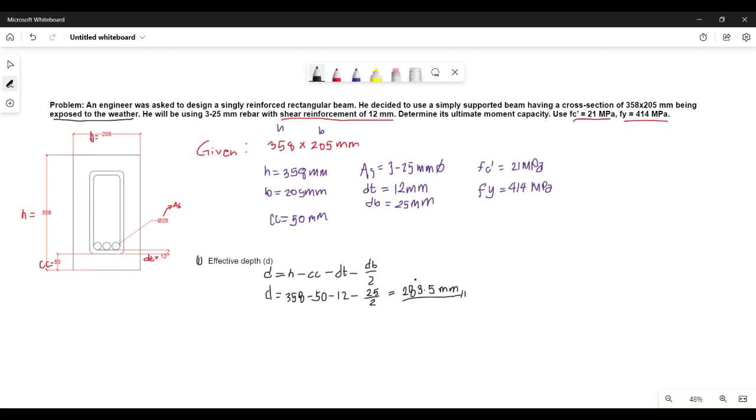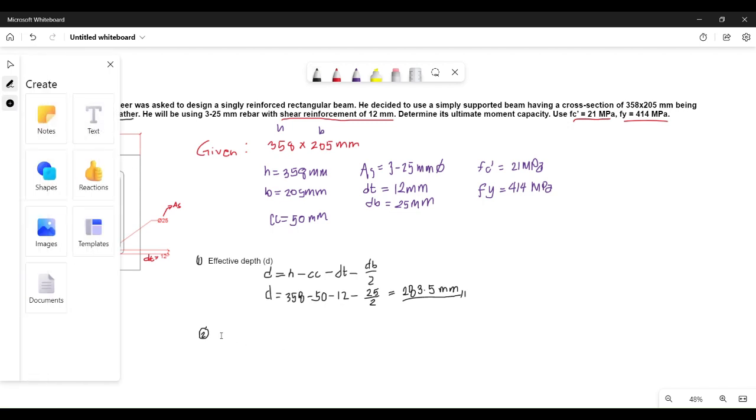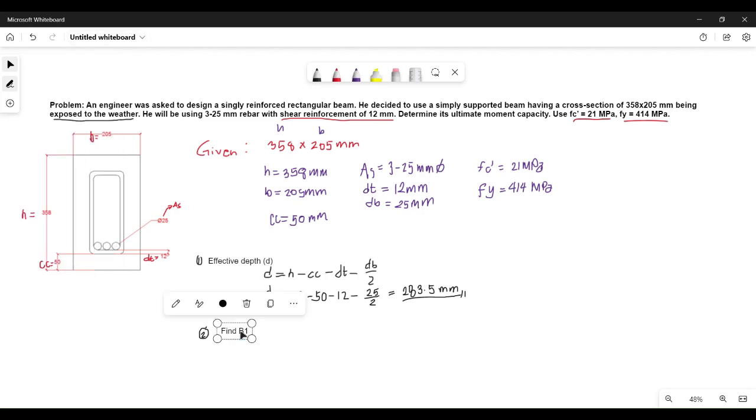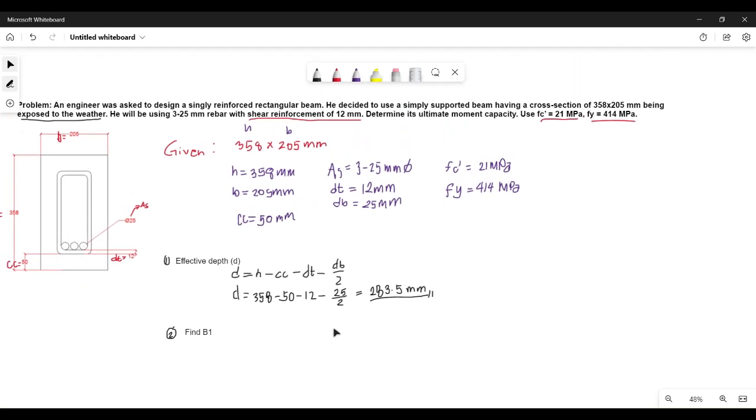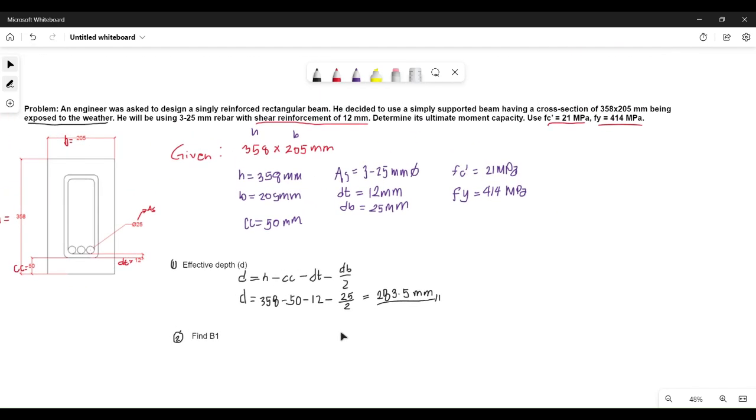Next, after computing the effective depth, second, we have to find our beta 1. What is the formula when we look for beta 1? There is a condition.